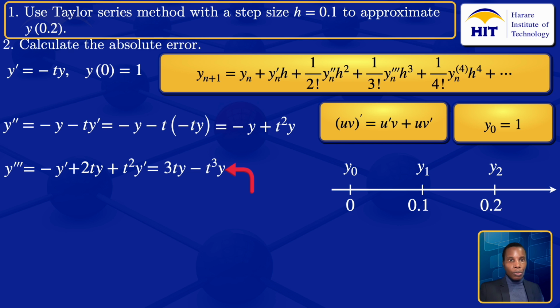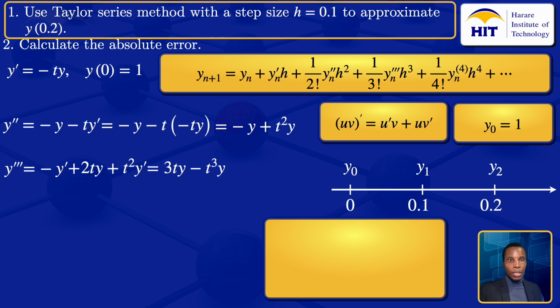This part here is a product, so we have to use the product rule. For the product rule, we use u equal to 3t, so the derivative of u is equal to 3. Our v is equal to y, and v prime is equal to y prime.